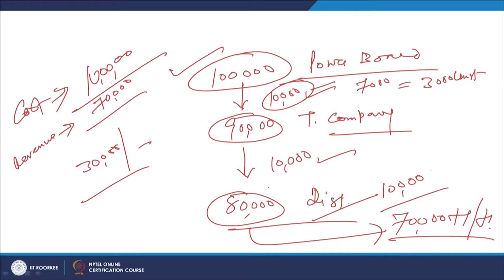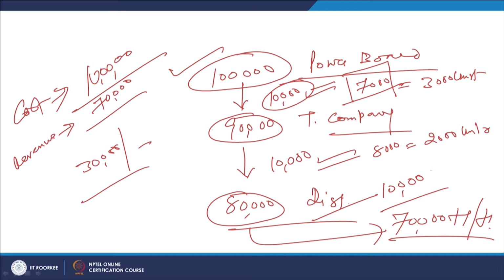In this case also, while taking the power from the transmission to the distribution, we were expecting a normal loss of 8,000 units, but the actual loss is 10,000 units. We were expecting the loss to be 7,000 units, not 10,000 units. It means there is an abnormal loss of 3,000 units.